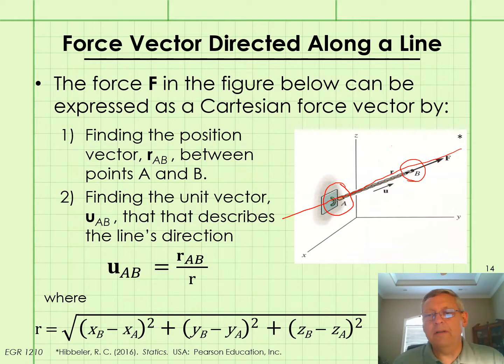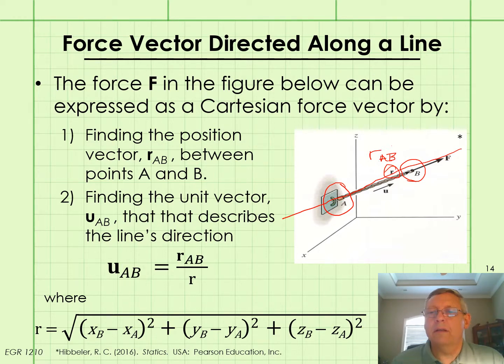It's labeled on the figure here, but we really want to get in the habit of being a little more specific, and we're going to call that position vector r sub AB, signifying that it's from A to B. Notice that r has to be in the same direction as the force is acting.